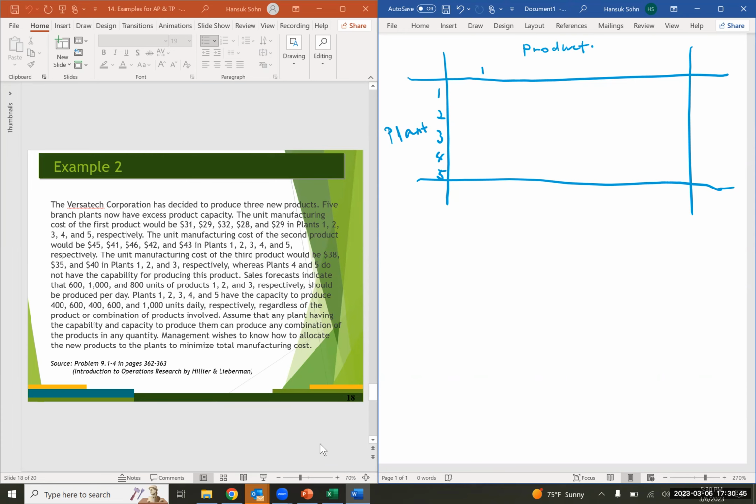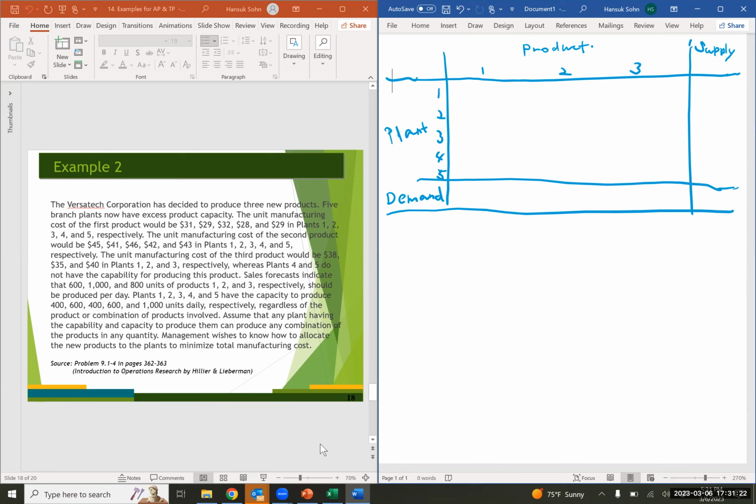We have 3 different products considered. I'm going to put the supply amount in the last column, and the demand amount in the last row. This is our transportation parameter table that we are going to build on.